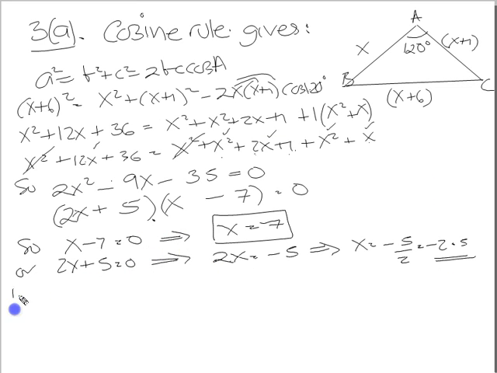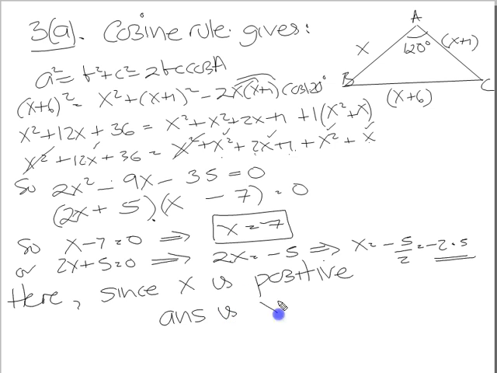So here, x is positive, because we're dealing with the positive sides of a triangle. So since x is positive, the answer is x equals 7. There we go. There's our answer then for the solution.